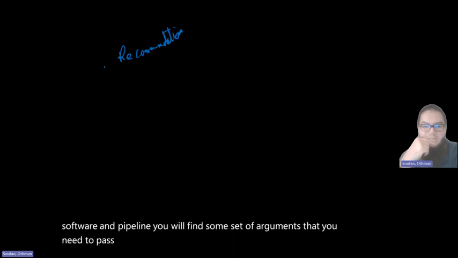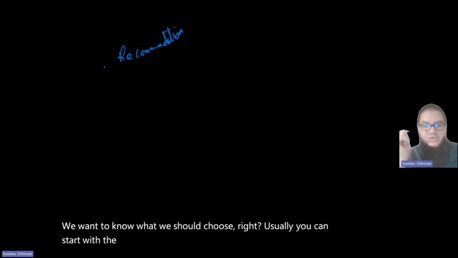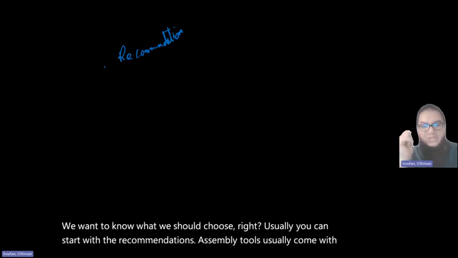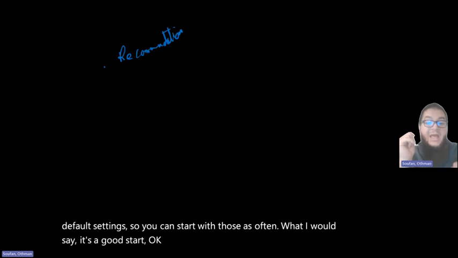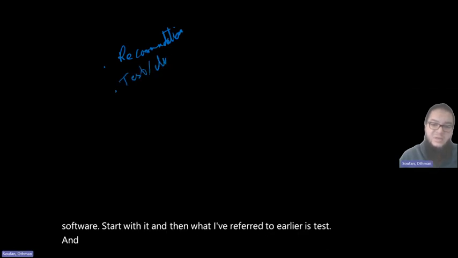So if we want to know what we should choose, usually you can start with the recommendations. Assembly tools usually come with default settings, so you can start with those. I would say it's a good start, especially if you are unfamiliar with the software. And then what I referred to earlier is test and iterate.